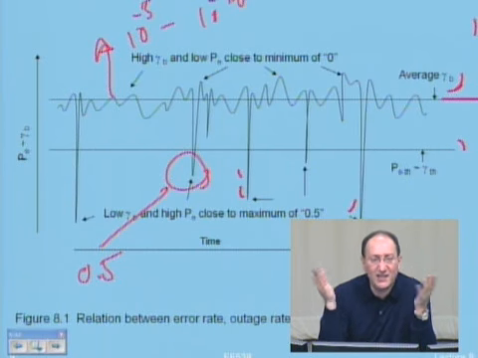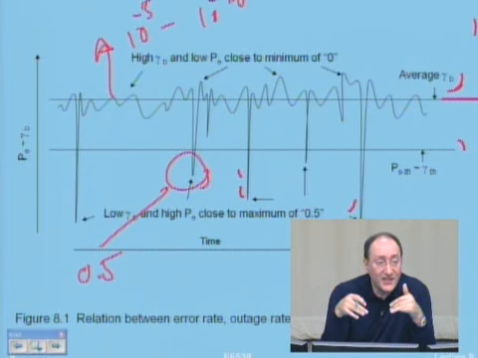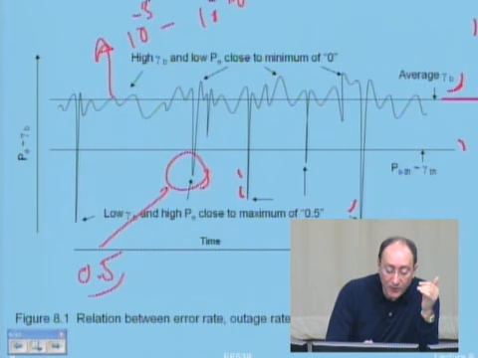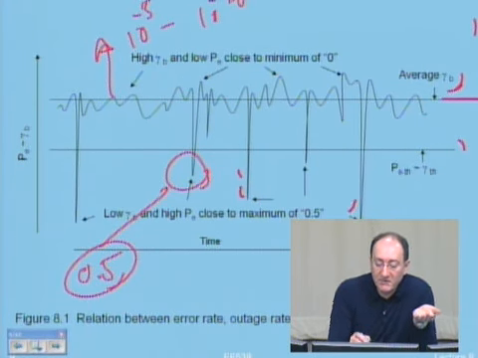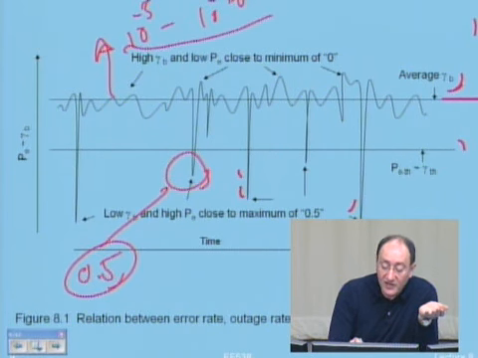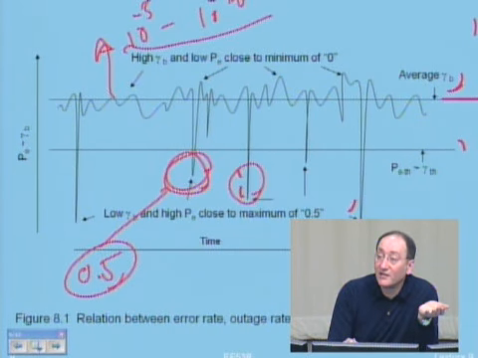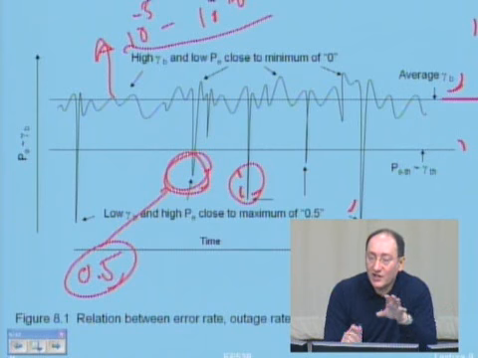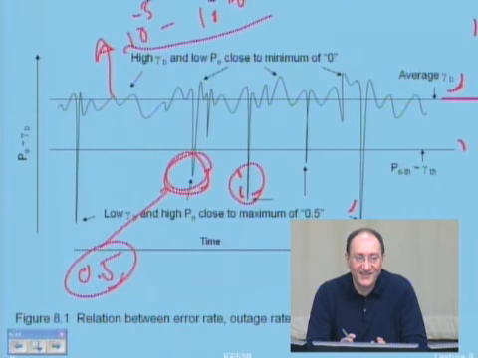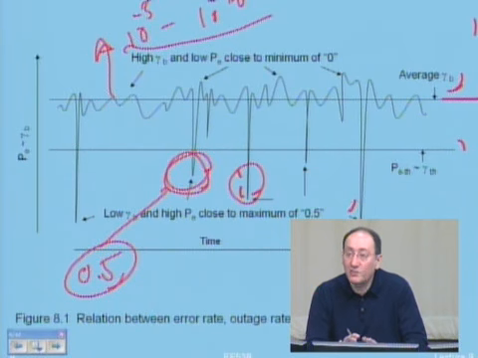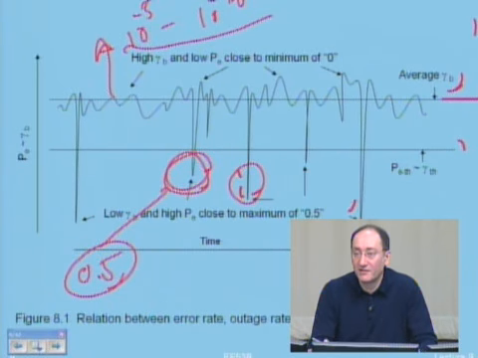It's very, very low. When you average 10 to the minus 5 and 0.5, what is going to stay? This is almost zero. The 0.5 is going to stay all the time. So as soon as I go to a fade, I make a bunch of errors, and that dominates the average probability of error. Did you follow the intuition behind it?